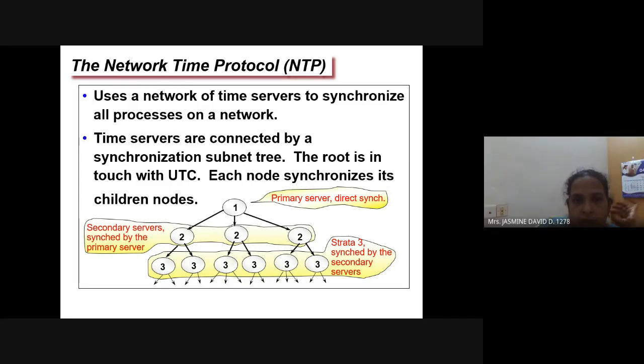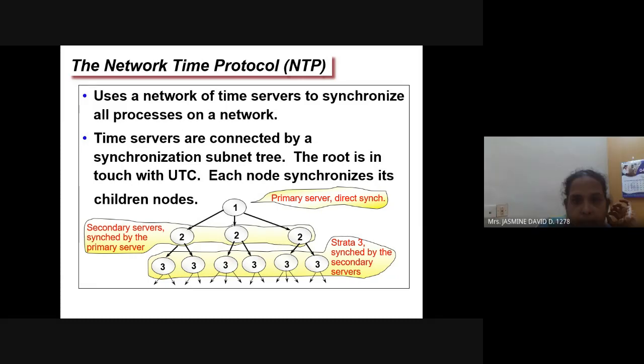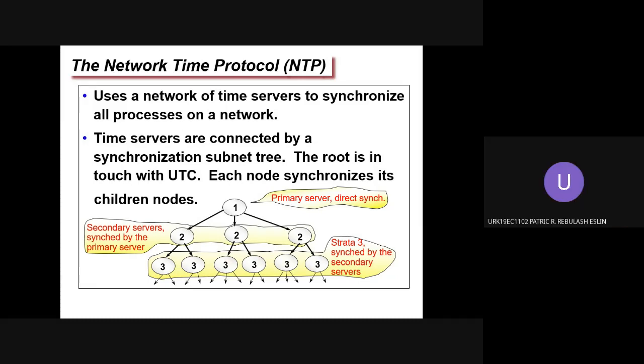Govardhan? Chat box. Nikita? Present, ma'am. Bijo? Present, ma'am. Hariharan? Present, ma'am. Kingsley? Present, ma'am. Jaswin? Present, ma'am. Julian? Yes, ma'am. Patrick? Present, ma'am. Kevin? Present, ma'am.